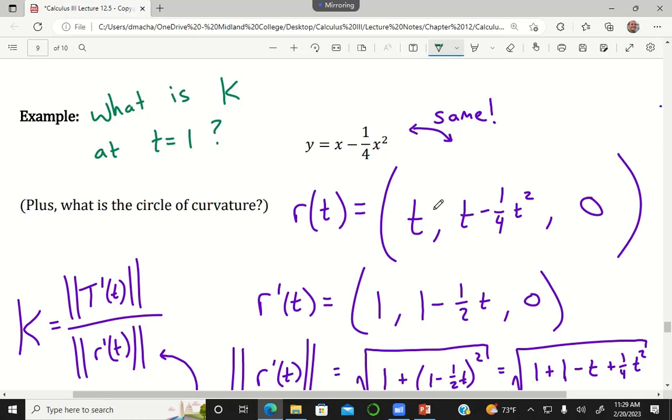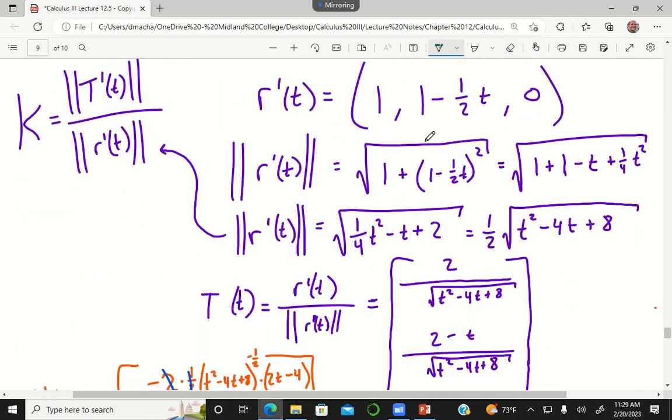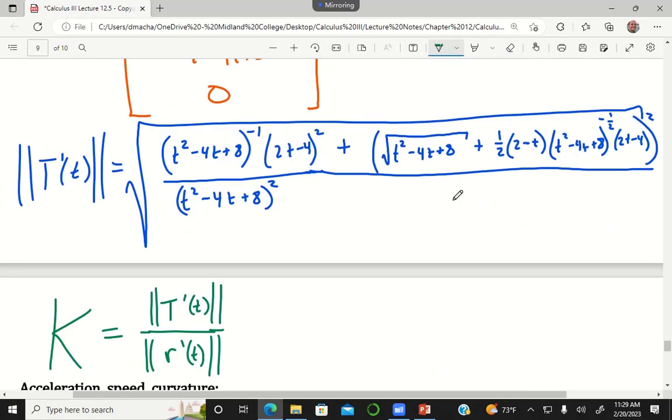So, if I asked you the question, what is the curvature at the point t equals 0? We could go back here and say, well, just replacing t with 0, that makes things a heck of a lot easier, right?